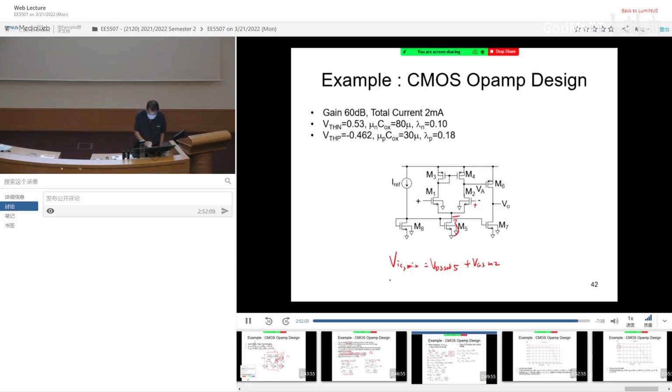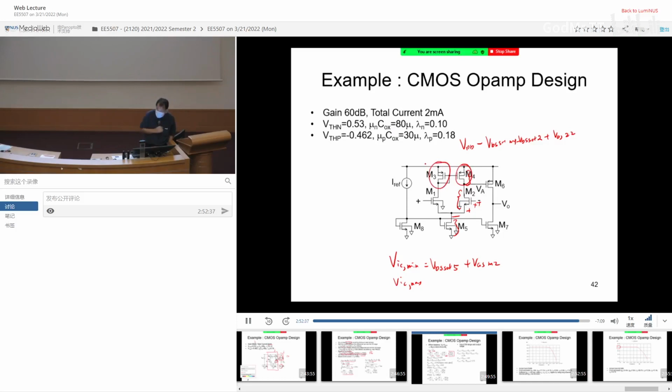Okay? How about the maximum, VIC maximum? You might be thinking it should be VDD minus VDS sat M4, minus VDS sat M2, and then add back VGS M2. But you're wrong, because this is not the worst case.